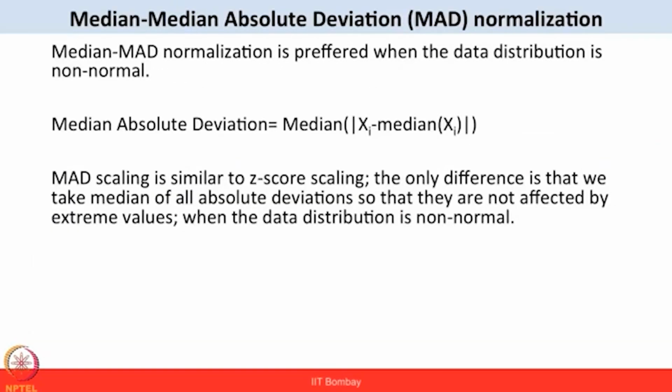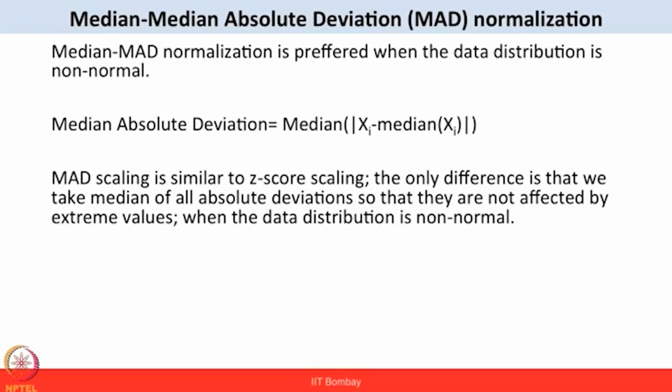Next comes the median absolute deviation normalization, what we call in abbreviation MAD normalization. MAD normalization is preferred when the distribution of the data is not normal, and it is particularly useful in that case. Z-score is particularly applicable when we assume that the data distribution is Gaussian and normally distributed.